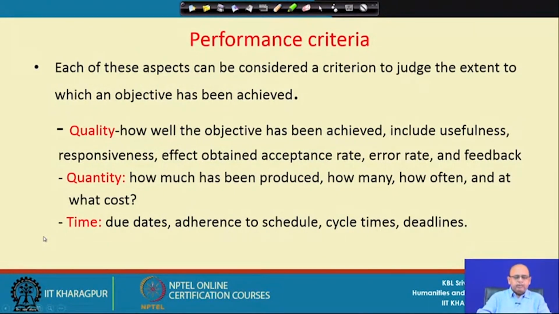Now, when we are talking about performance standards, three factors are very important: quality, quantity and time, right, correct. I will give an example to explain it further.